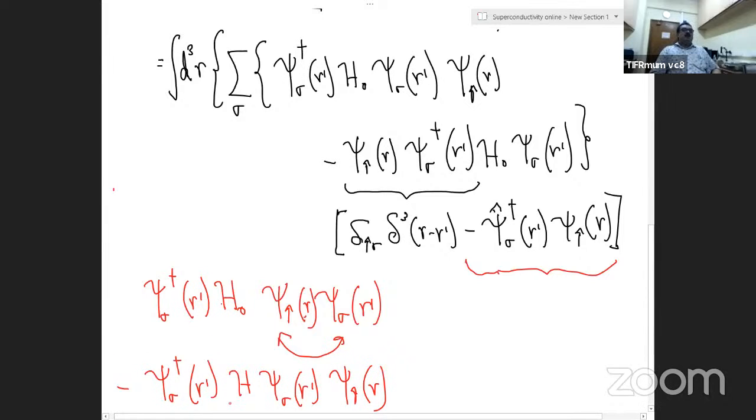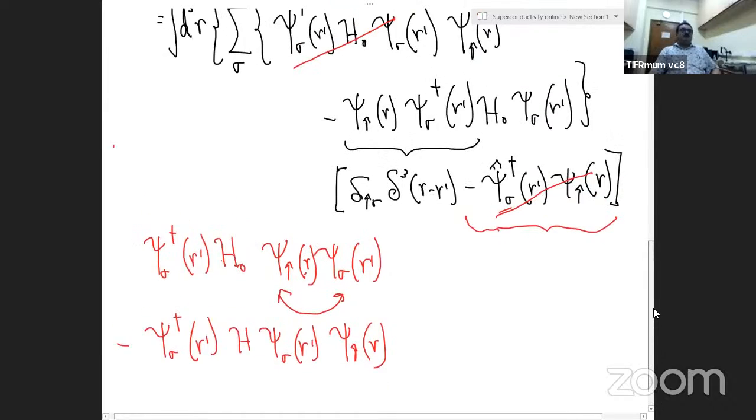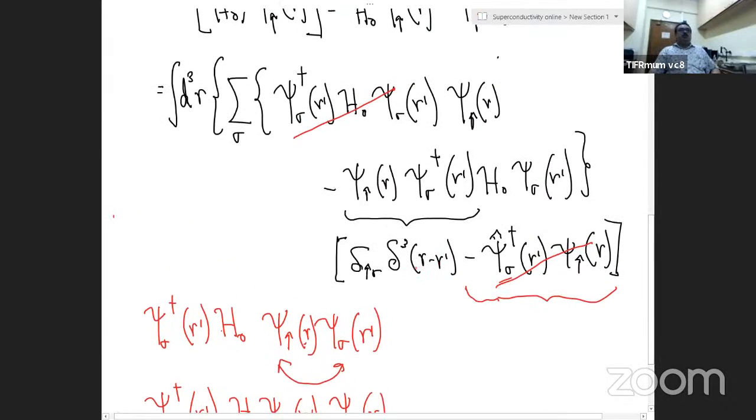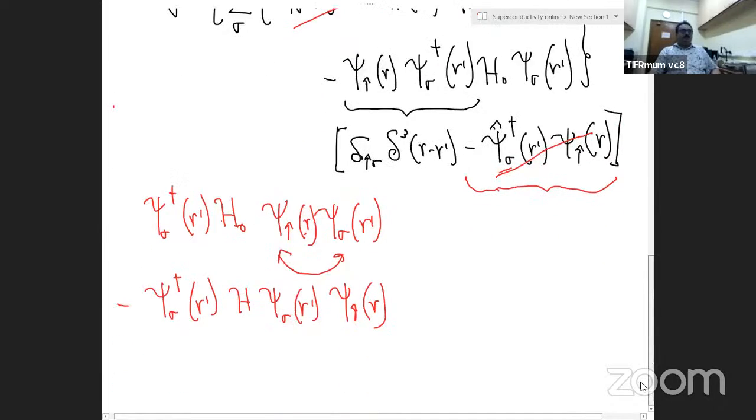Now you see this term is exactly identical to this term. So therefore, these will actually cancel with this. And I will be left only with this delta function term. This delta function, now I can of course integrate over R prime. It has come from the Hamiltonian. So I can integrate over R prime.